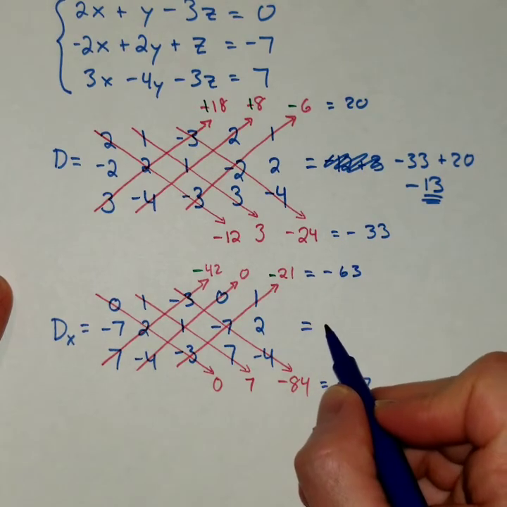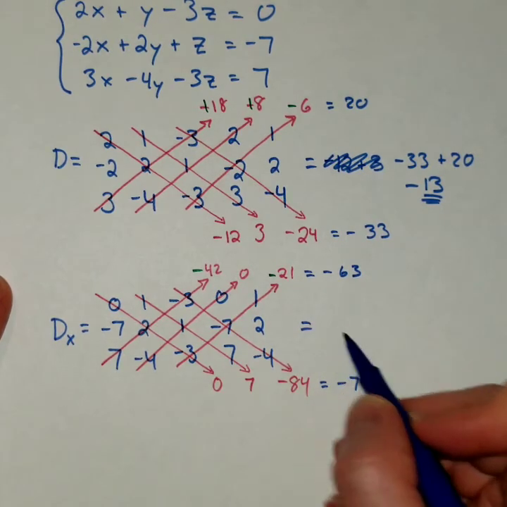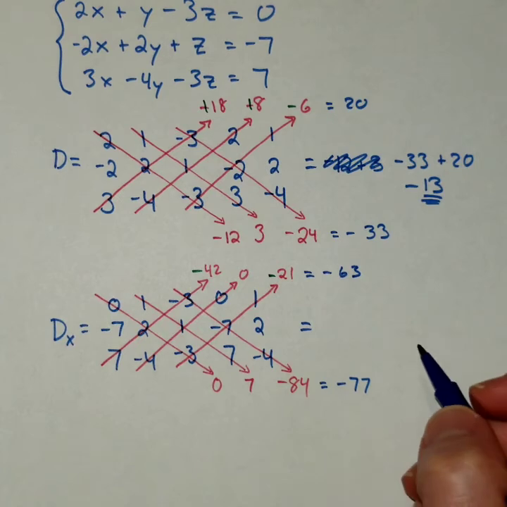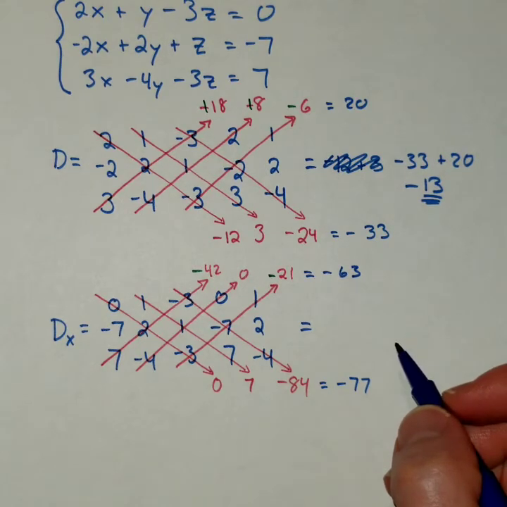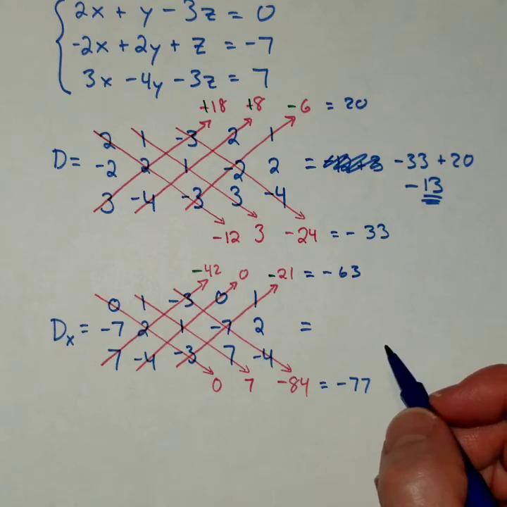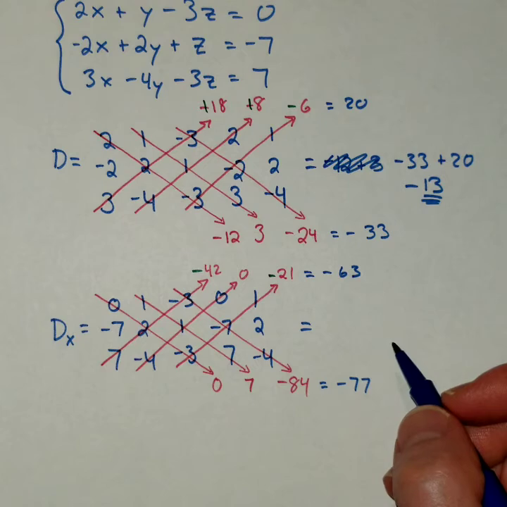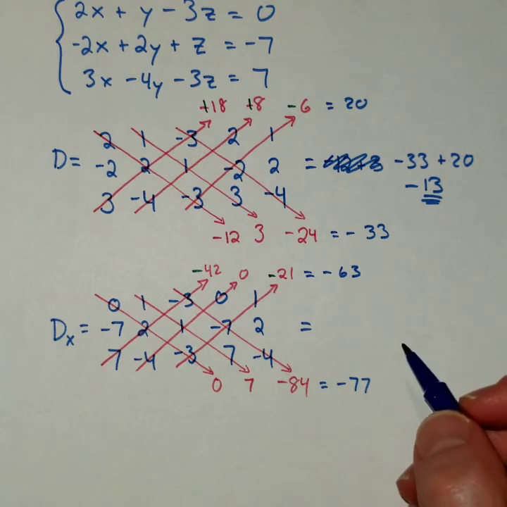So then I get, that can't be right. But it is. Interesting. 0, 7. Is that right? 84. Yeah.